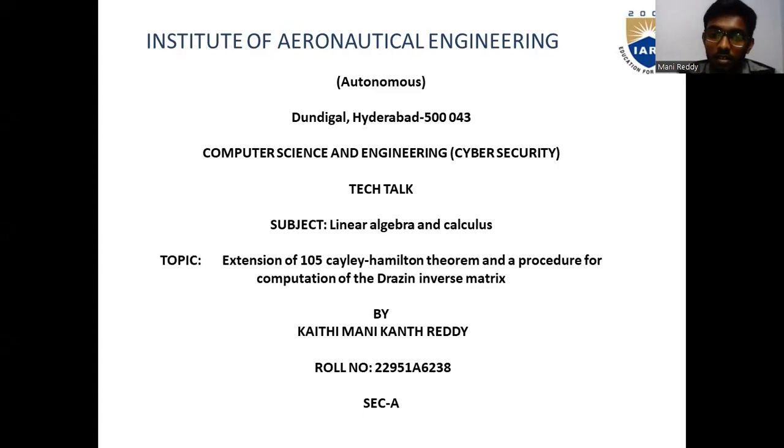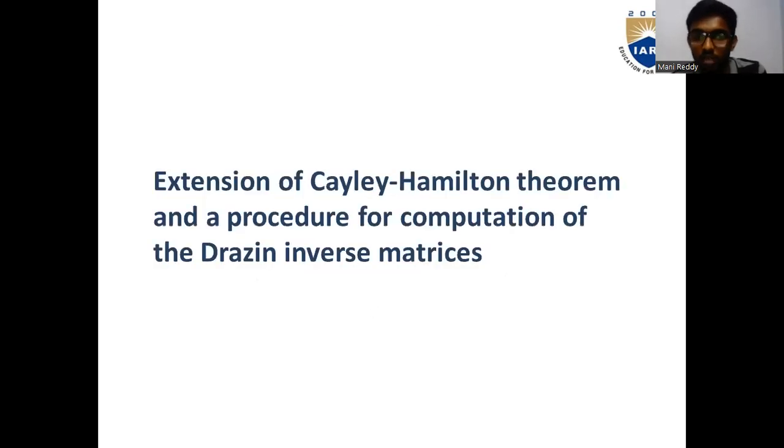First, we'll look at the Caley-Hamilton theorem and how to compute the Drazin inverse matrix. So here is the topic: extension of Caley-Hamilton theorem and procedure for computation of Drazin inverse matrix.